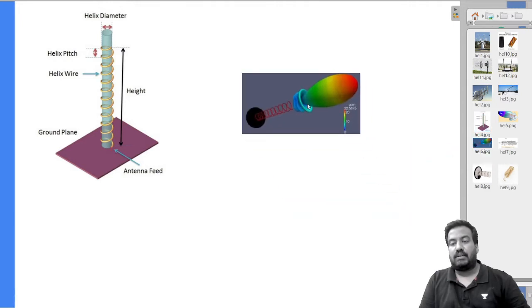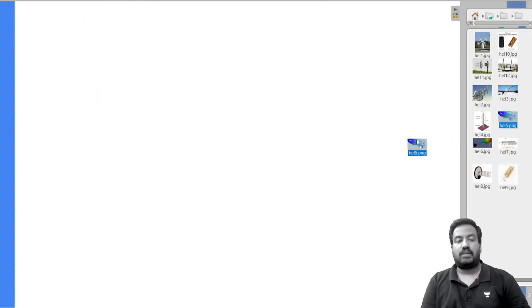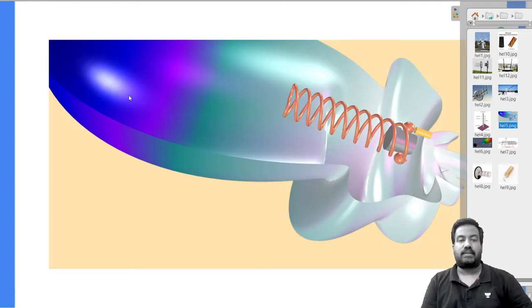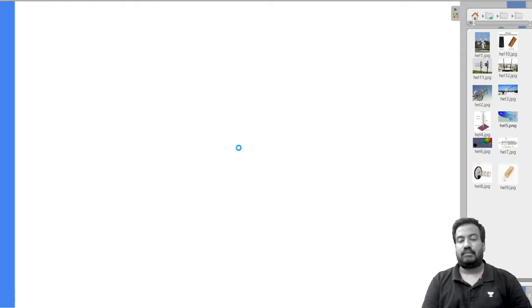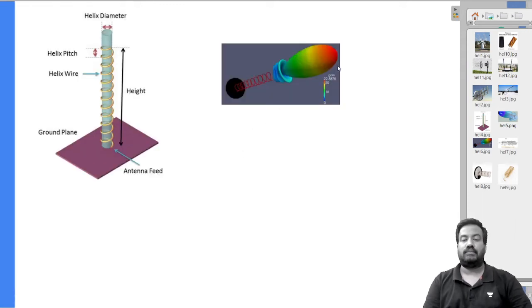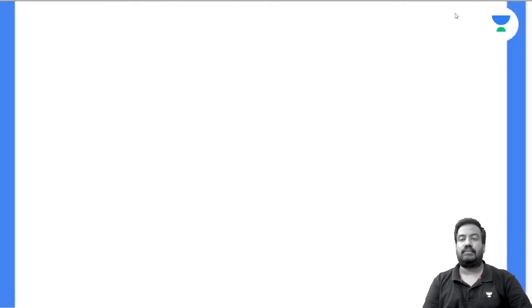This is the radiation along the axis in axial mode. You can also see the radiation pattern like this. Got it? That's about the helical antenna.